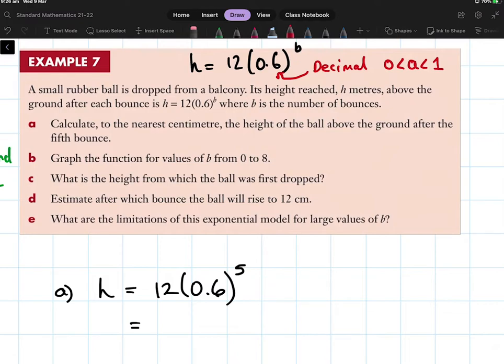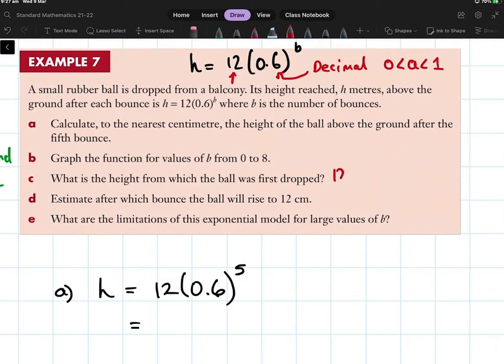The other interesting thing to notice is that we've got this 12 out the front. We're doing 12 multiplied by something. So we know that the initial value, the very beginning, the y-intercept, is going to be 12. And just bouncing ahead through the questions, to question C, what is the height from which the ball is first dropped?